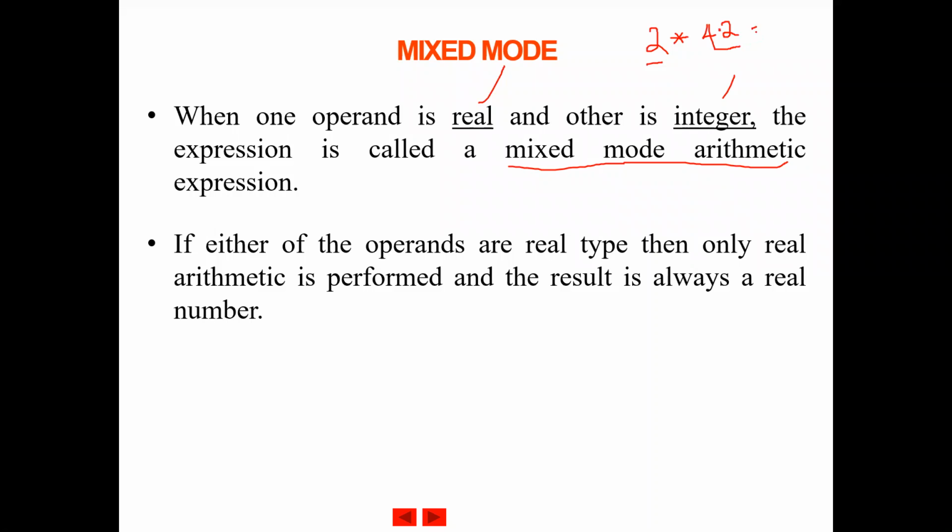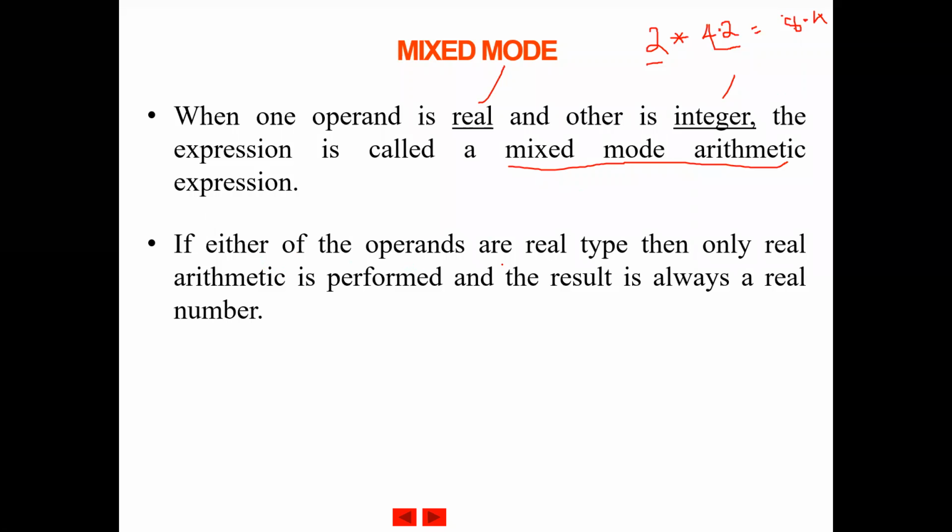The result also will be a real number with the decimal part, right? 2 into 4.2 will give you a floating point number, right? What will be the answer? 2 into 4.2 will be 8.4, right? So this also will be a real number which has a decimal part. Understood?